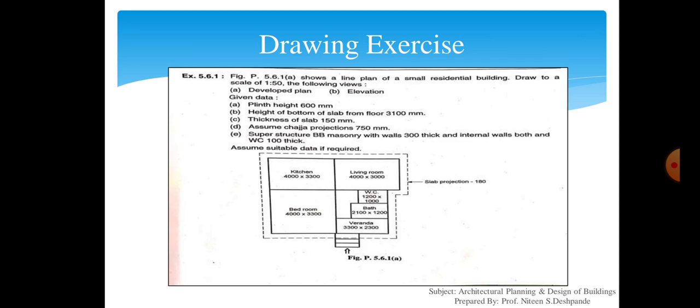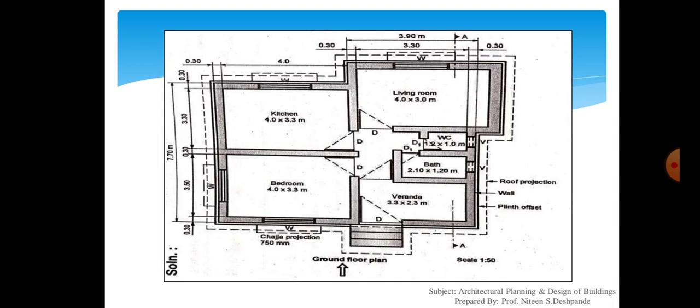Here the scale is given as 1:50, which means 1 meter on the ground represents 2 centimeters on the paper. If I would like to give one suggestion, whenever you draw the plan, first make sure how much space you have on your sheet or paper.